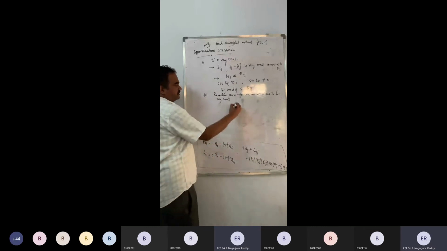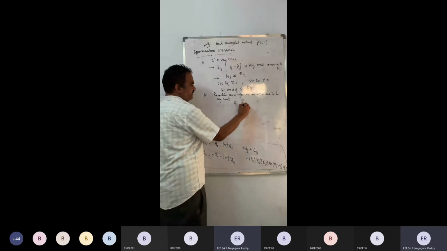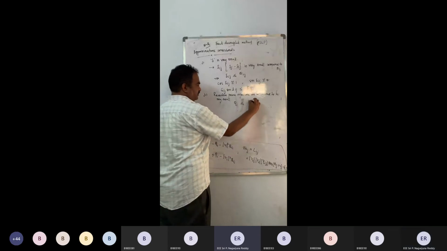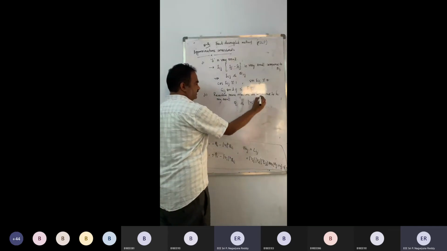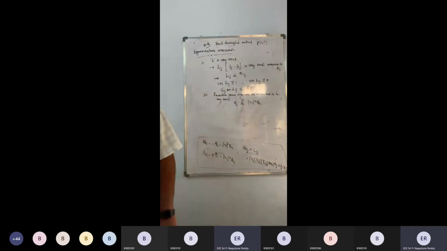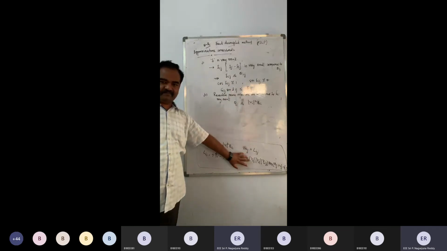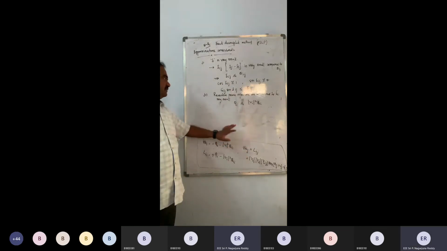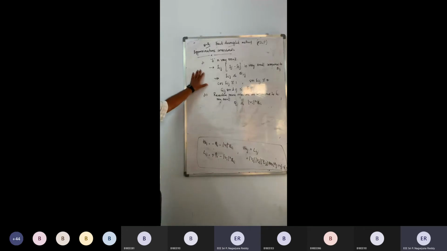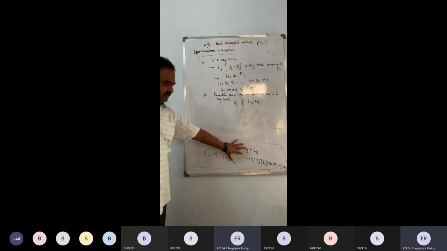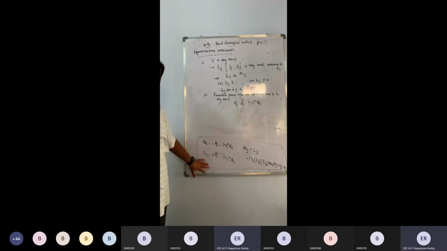I am going with an approximation that Qi will be very less when compared to mod Vi square Vi. This is to minimize the computation. Now we will see how these two approximations will affect these two equations.